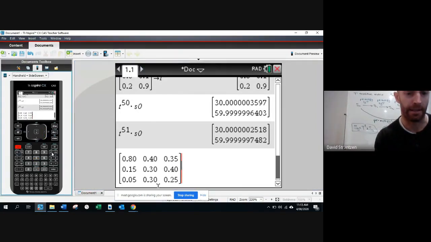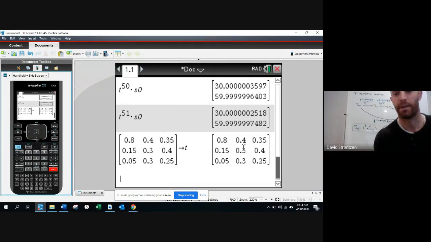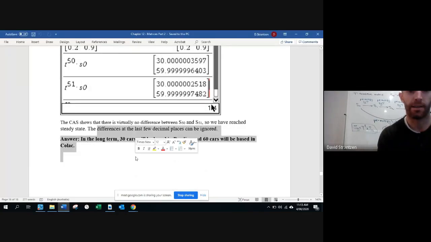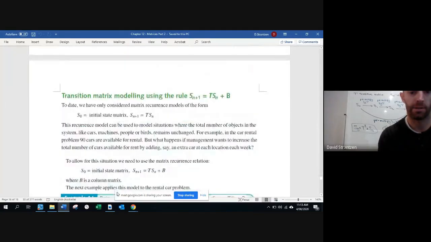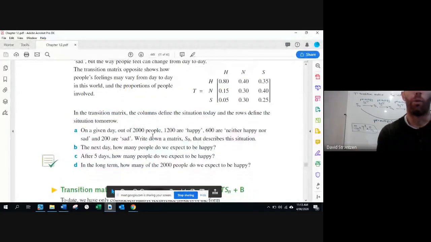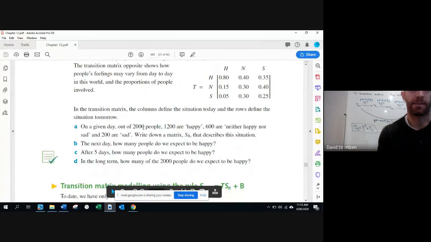I've got a feeling that they will eventually revert back to 1 decimal place. Yeah, they do, but we've entered that correctly. All right, our initial state was, oops, that's the wrong thing. We initially had 2,000 people, or we've still got 2,000 people. They've been defined initially as 1,200 being happy, 600 neither happy nor sad, and 200 are sad.